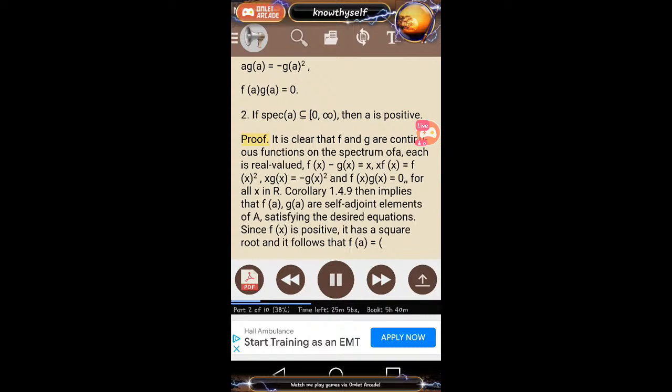Proof. It is clear that f and g are continuous functions on the spectrum of A, each real valued. f(x) minus g(x) equals x, xf(x) equals f(x)², xg(x) equals minus g(x)², and f(x)g(x) equals 0 for all x in R. Corollary 1.4.9 then implies that f(A) and g(A) are self-adjoint elements of A satisfying the desired equations.